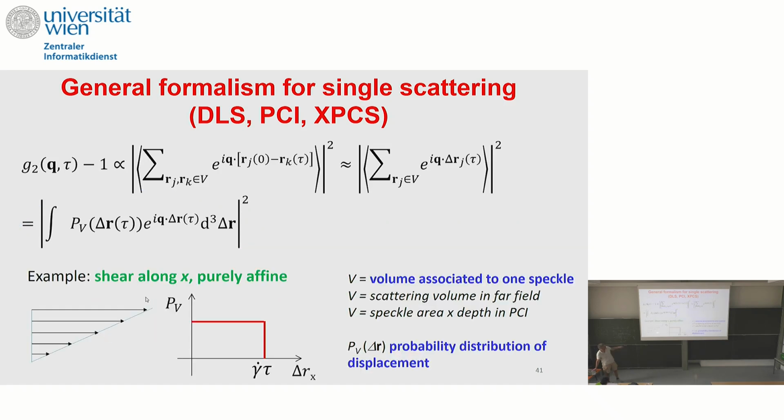For example, if you take simple shear along x, then the displacement will be only in the x direction. And if you have particles homogeneously distributed in your sample, the probability distribution of displacements at a given tau will be flat between 0, particles close to a fixed plate, and a maximum value, which is simply gamma dot times tau.